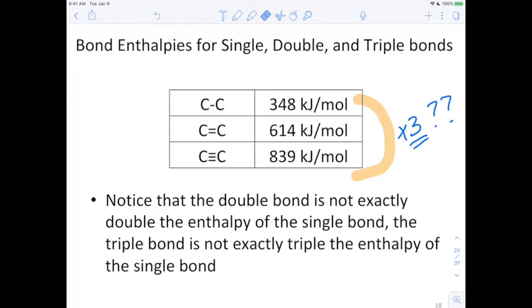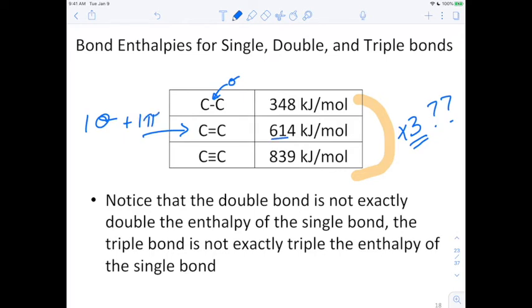What we're going to be saying, and you don't have to learn this right now because it'll be coming up later, is that this is a sigma bond, and that little sigma is the strongest type of chemical bond, and that is why the carbon-carbon is 348. And what we're going to find out about the double bond is it has 1 sigma and 1 of what we call a pi bond, and the pi is weaker than the sigma.